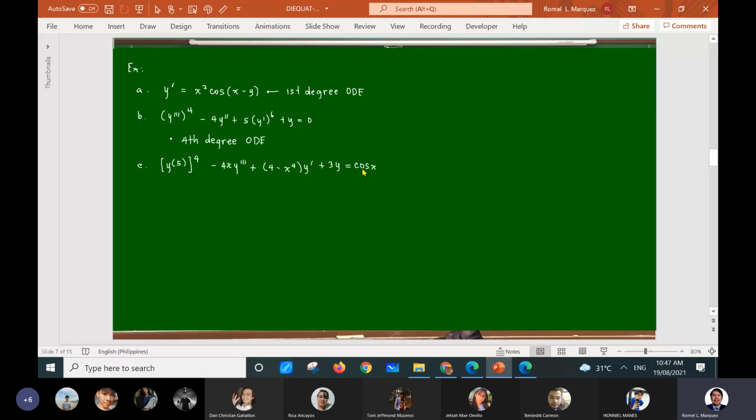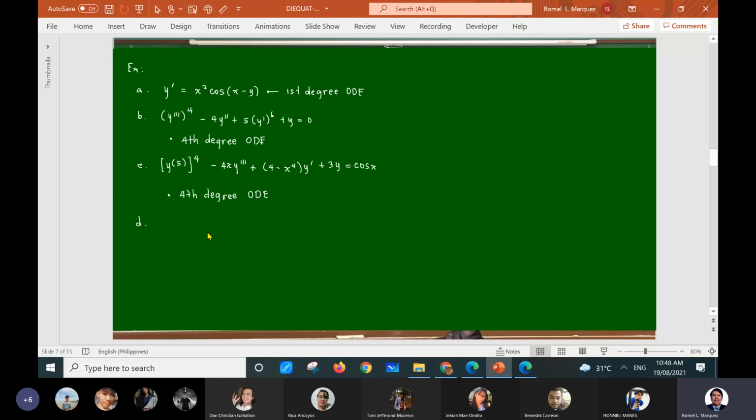What is the highest order derivative? 5. And what is the exponent of that? 4. So it is 4th degree, and the order is 5th. If you're going to classify this DE, including the order, so this is 5th order, 4th degree, ordinary DE.